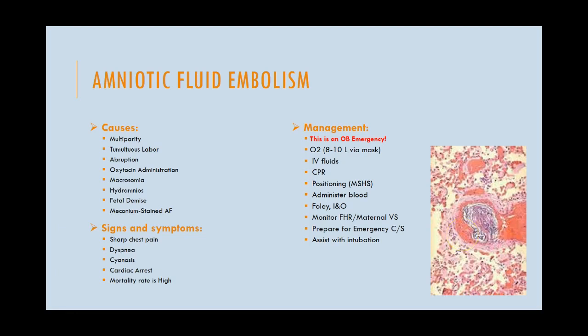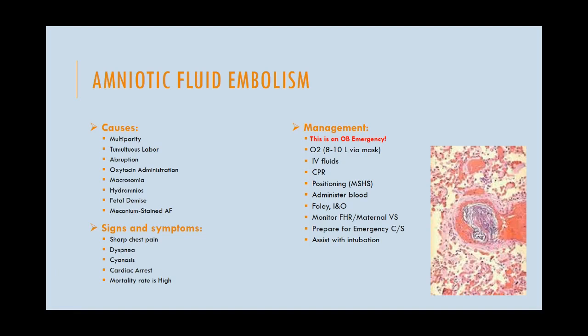Ladies who've had a tumultuous labor. So think back to our dystocia slide. Ladies who've had a tumultuous labor might be those who've had a precipitous labor and some hypertonic contractions, and the labor happened really fast. It was rough. That's a possibility to cause amniotic fluid embolism.